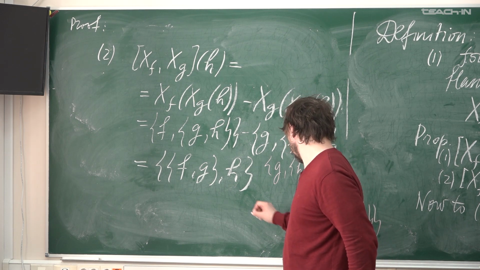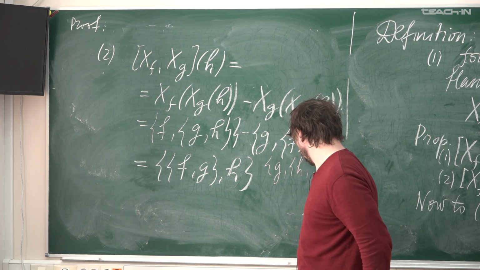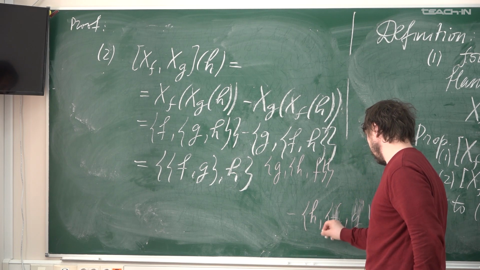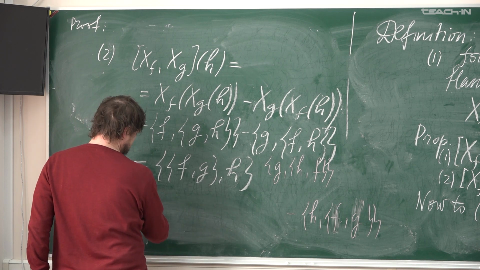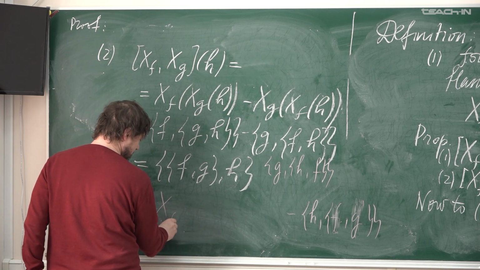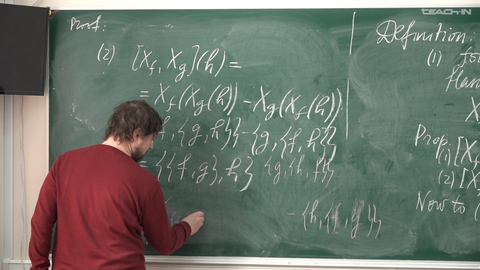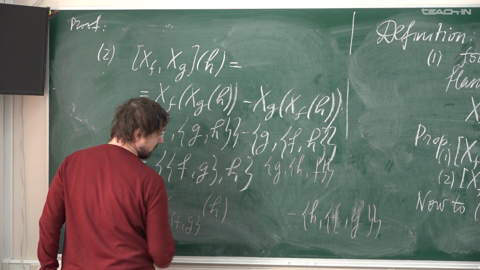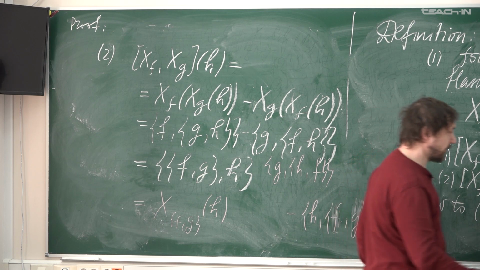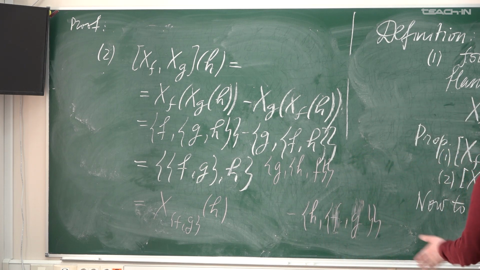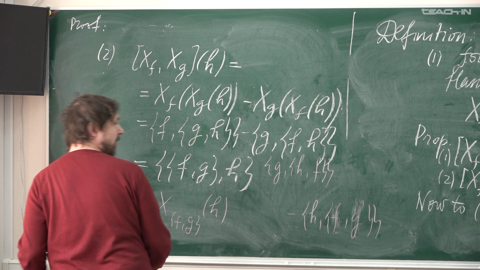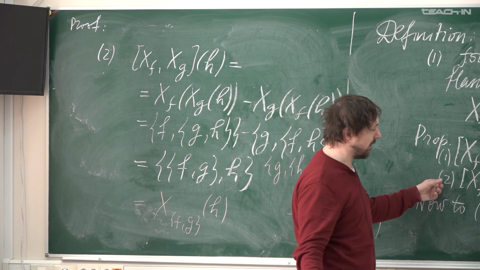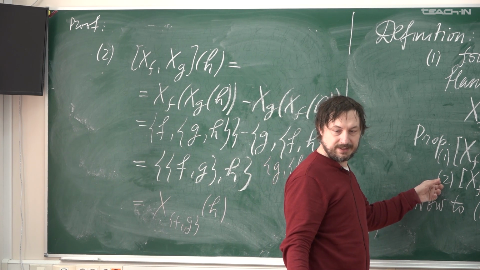The minus is removed by changing the order here. So this is true. That means that we have X_{f,g} applied to h, just as I promised. So for every function we now have the Hamiltonian vector field, and the Hamiltonian vector fields again constitute a Lie subalgebra with respect to the brackets.